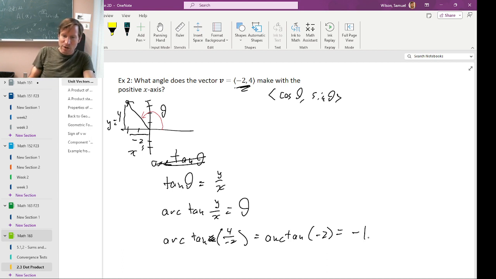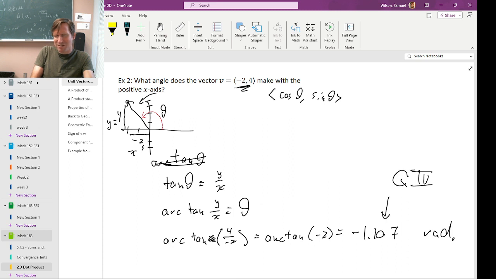It's -1.107, and this is in radians, although actually this angle is in quadrant 4, and we wanted an angle in quadrant 2, right? This happened because arctangent only ever gives you angles between -π/2 and +π/2.